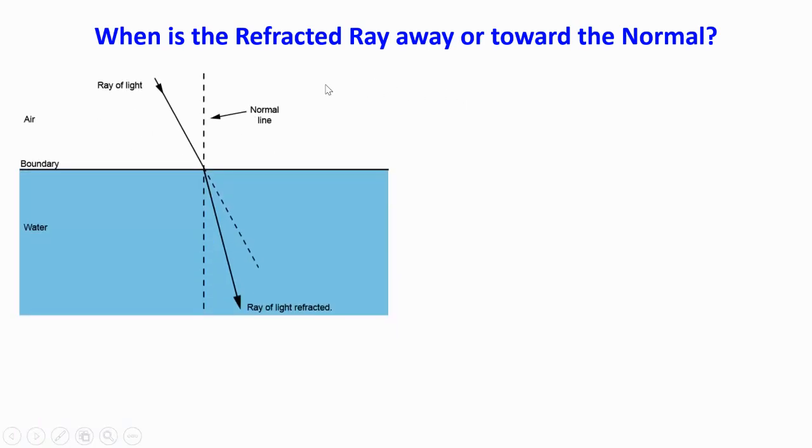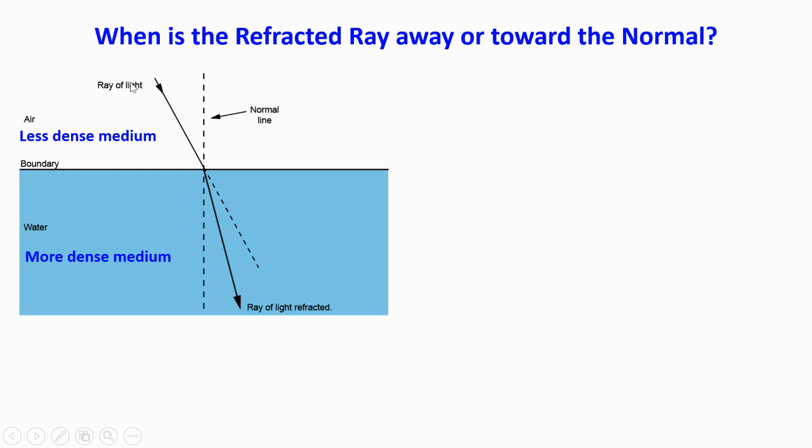Okay, so when is the refracted ray away from or toward the normal? Here we are going to show two examples to differentiate this situation. One is when a wave moves from an area that is less dense to an area that is more dense.